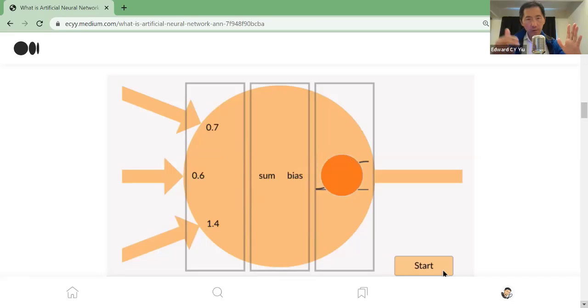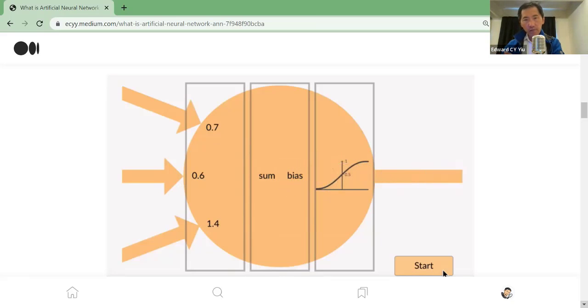Then we impose a weight on each of the parameters. In this example it is 0.7, 0.6, and 1.4. So with the weighted average, we sum them up and then add a bias and make use of an activation function to test whether it complies with the requirement or not, to determine whether it can pass through to the output layer or not.